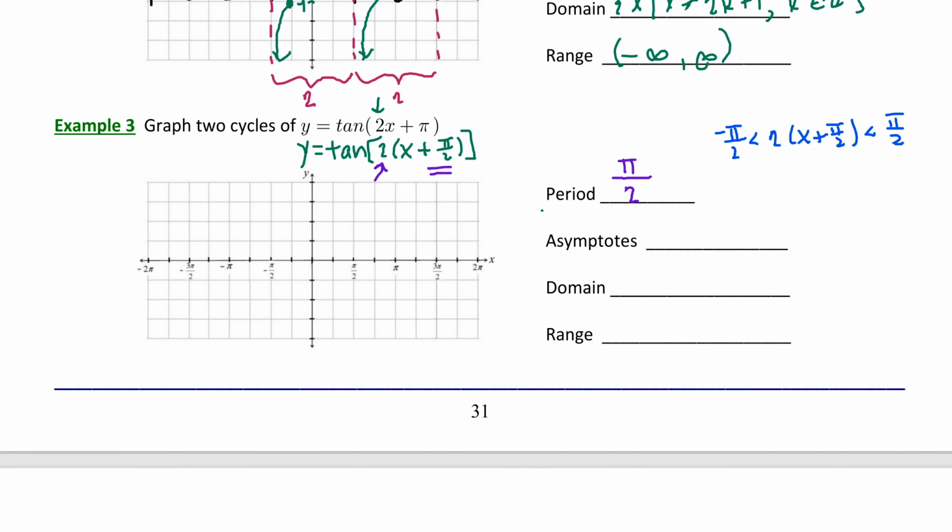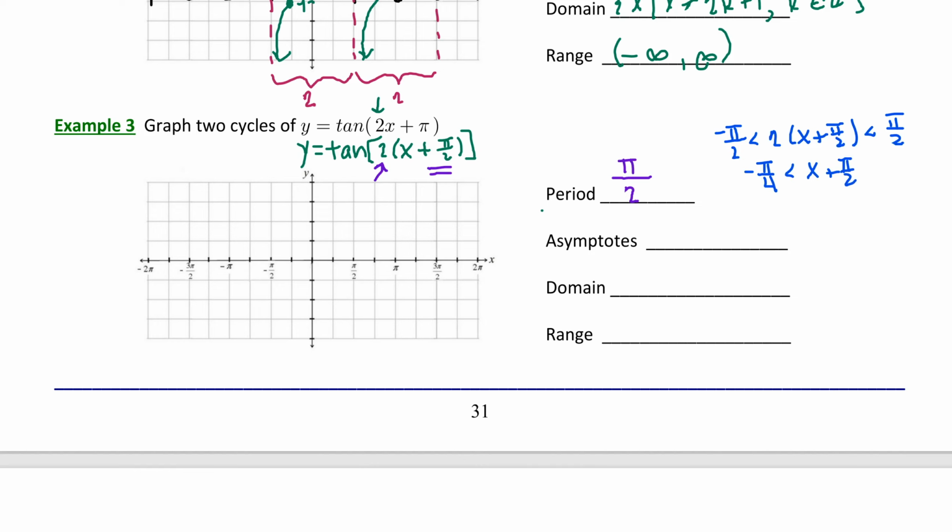So this tangent function should achieve one fundamental cycle for the argument ranging between negative pi over 2 and pi over 2. Now, let's solve for x. If I divide all three parts of this inequality by 2, I'm going to end up with negative pi over 4 less than x plus pi over 2.